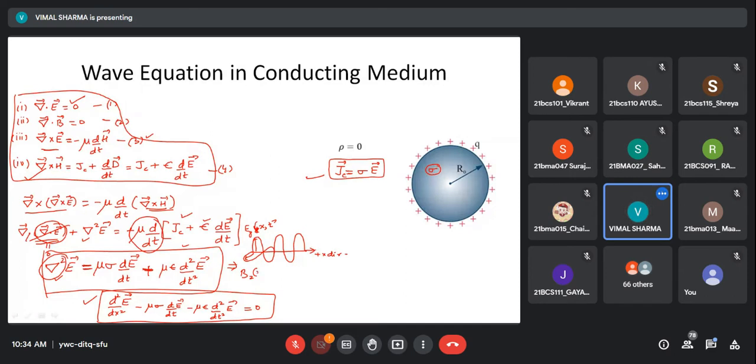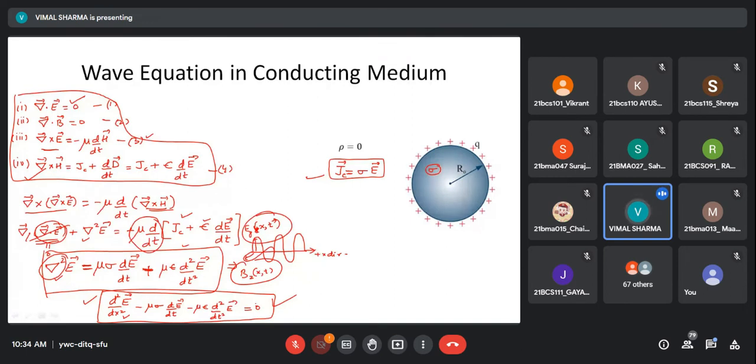So it is a function of x and t. So I have derivative of this electric field with respect to x and with respect to time, because it is a function of x and t, and this is the y component of the electromagnetic wave. As it is polarized, there is no need to write the y component. So we are writing this as the wave equation for an electromagnetic wave propagating through a conducting medium.